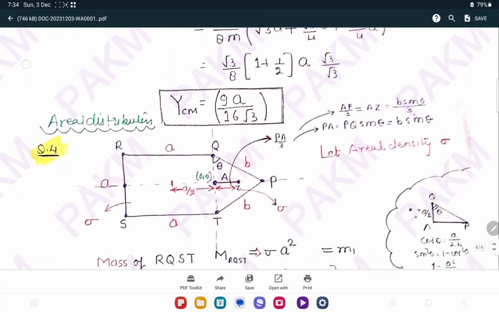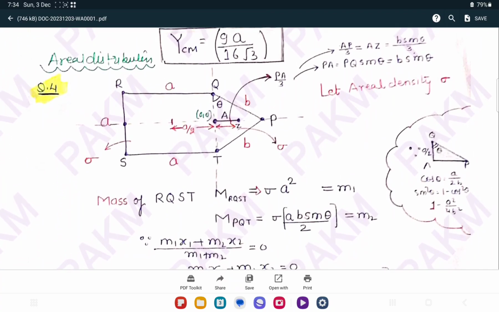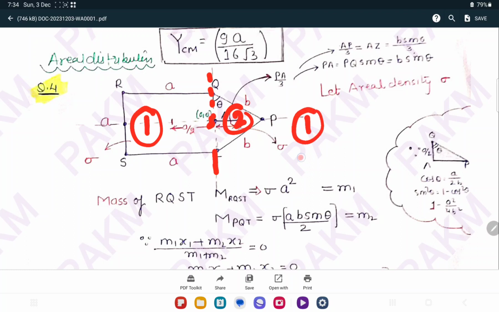Now once again this is a problem of type number 3, with body number 1, body number 2, and the resultant, whose center of mass will lie somewhere. That is what you need to calculate. Usually they have given the resultant always as point number 1, point number 2 and point number 3.